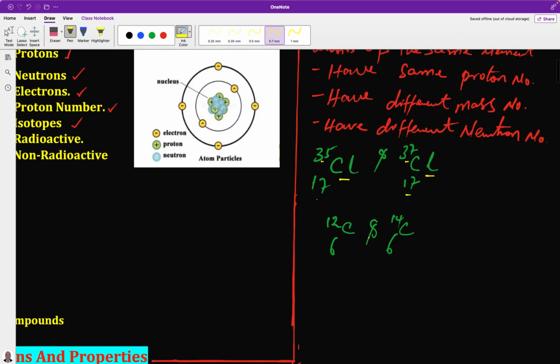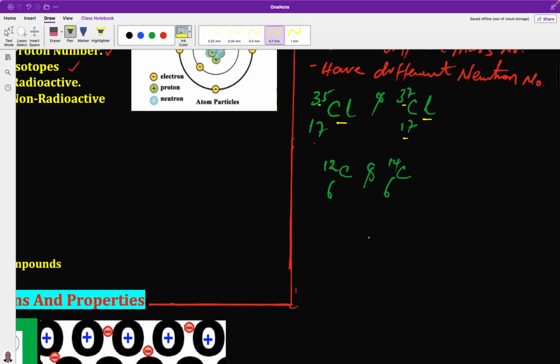But again, what are radioactive isotopes, or what we call radioisotopes?